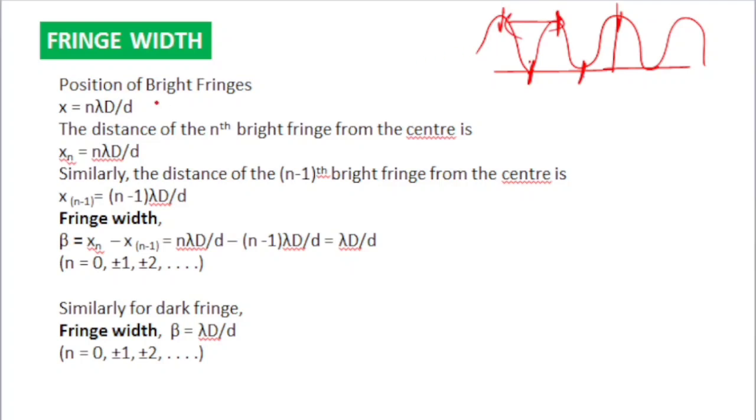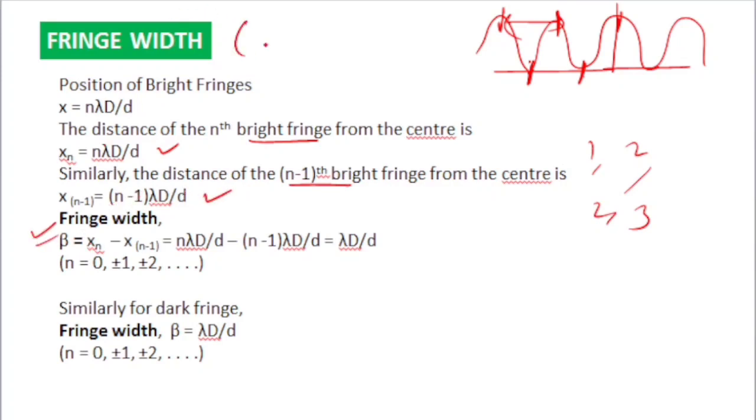So how do you calculate it? Suppose the distance of the nth bright fringe from the center is x_n equal to n lambda capital D by small d, and the distance of the (n minus 1)th bright fringe from the center is similar, say first, second or second, third. From the distance between these two bright fringes, you can calculate fringe width.